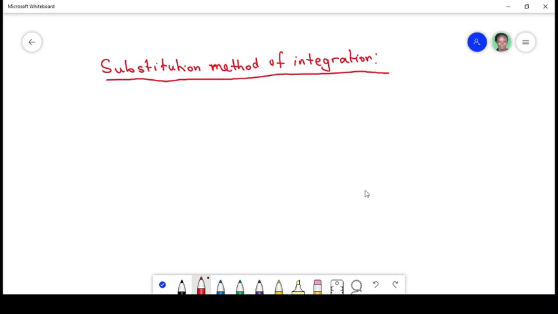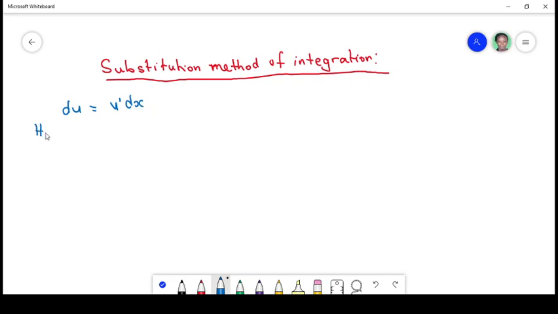It's a trick of evaluating integrals, and it's based on this definition that I could write my du as the derivative of u dx.